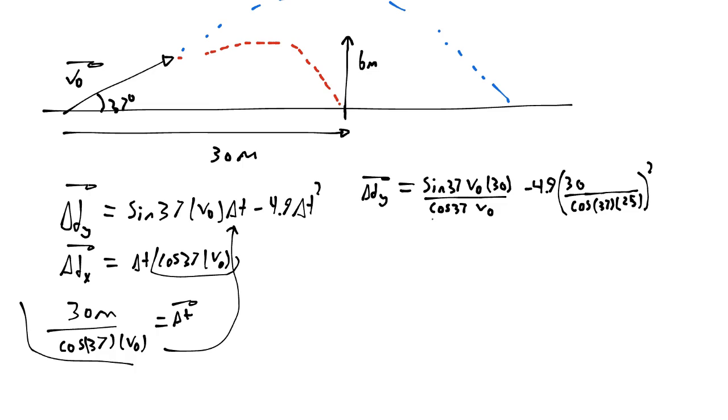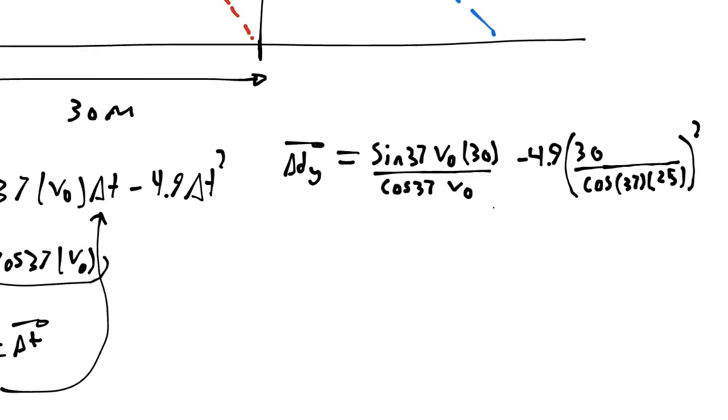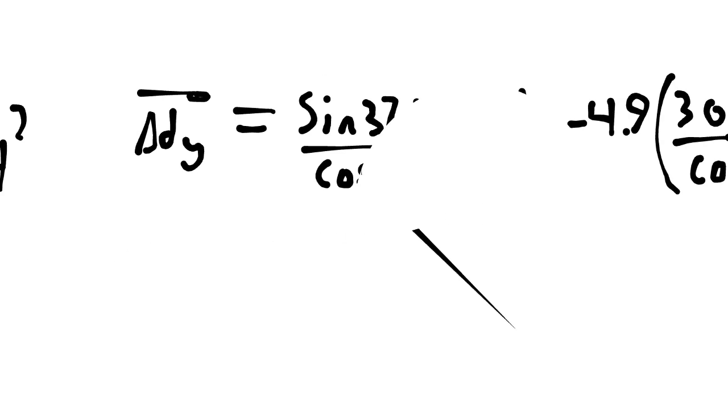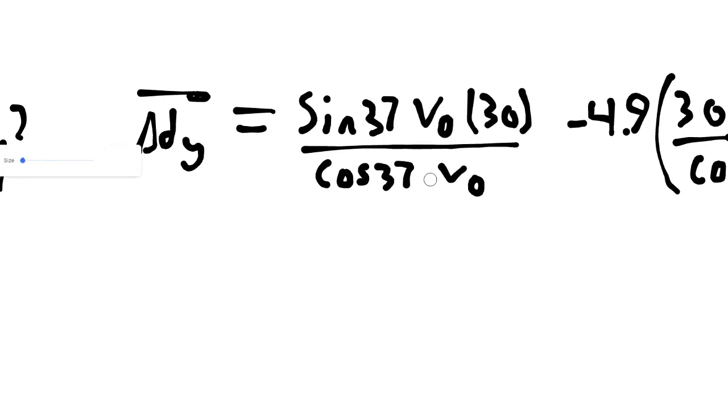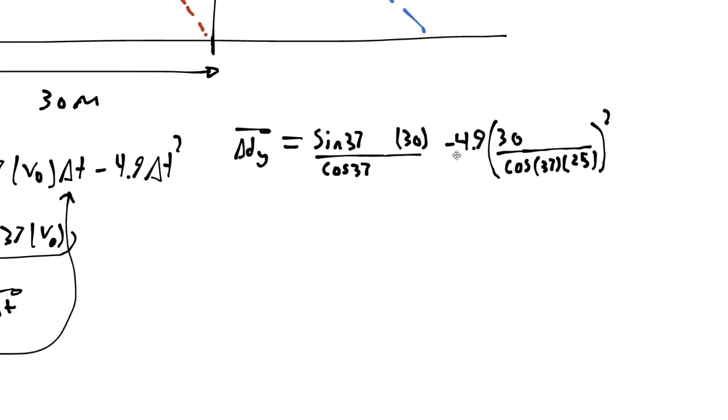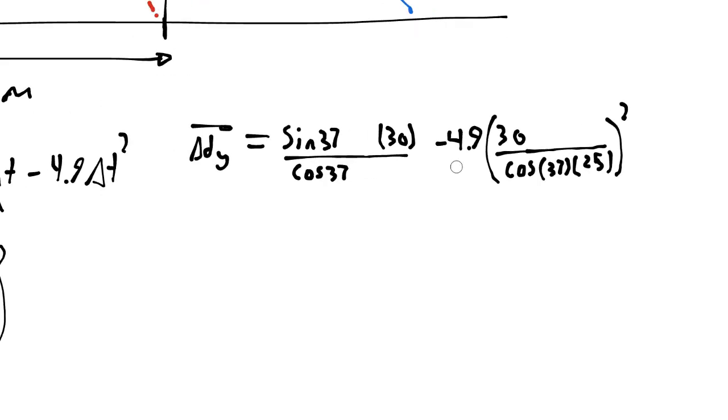Okay, that should be good. One thing to note here, there's v naught over v naught, so you can just erase these. There we go. Okay, so this is what I have now, and now I should be able to solve for delta dy.